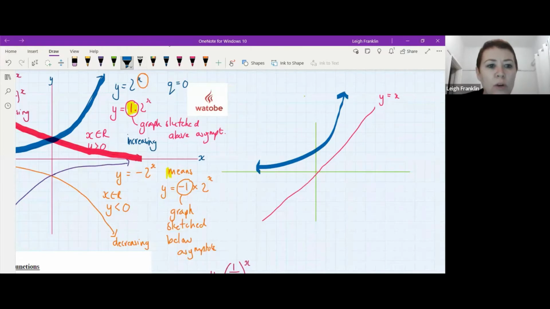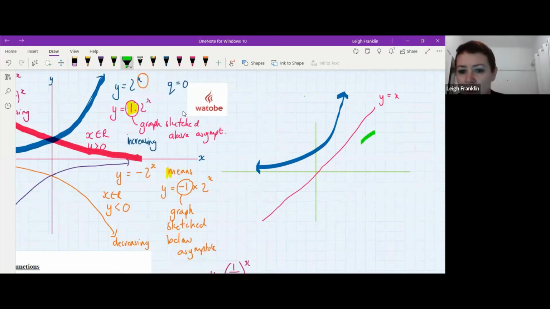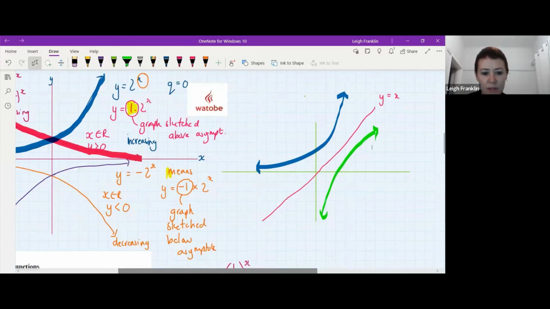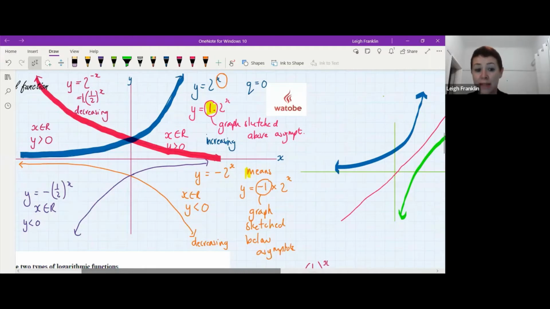And what we end up with, this is what we were speaking about last time, is a reflection of the graph over the line y equals x, and it looks like this. Can you see that that is quite different to the reflection of the blue graph over the x-axis?